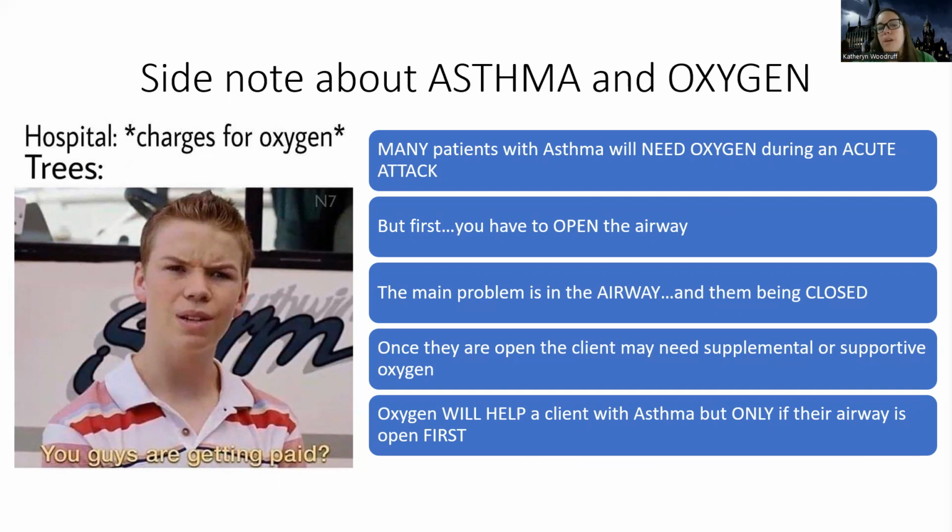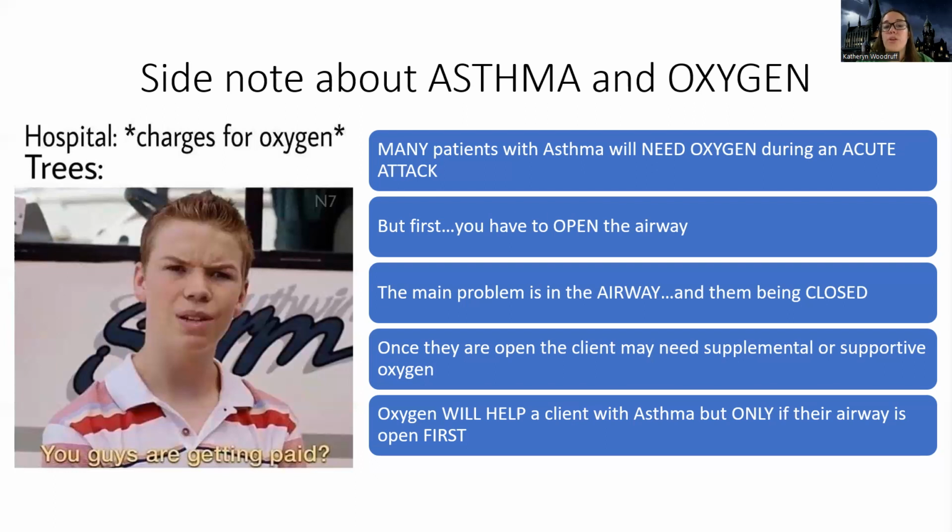But something I want to note is that when you're on a test question, you're looking and you're like, okay, patient has asthma. Do I apply oxygen first, or do I give a short acting beta agonist first? With this patient, remember what the problem is. Yes, there's a lack of oxygen, but that oxygen cannot get in as long as my airway is closed or constricted.